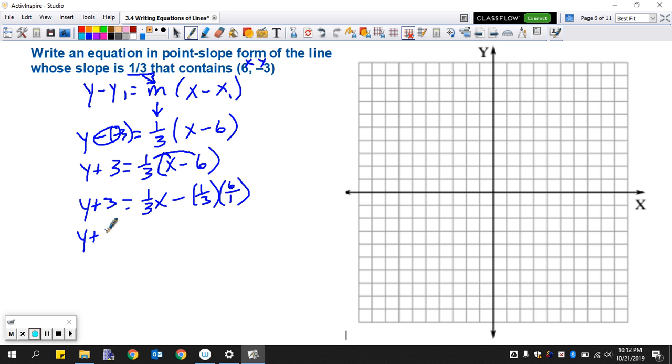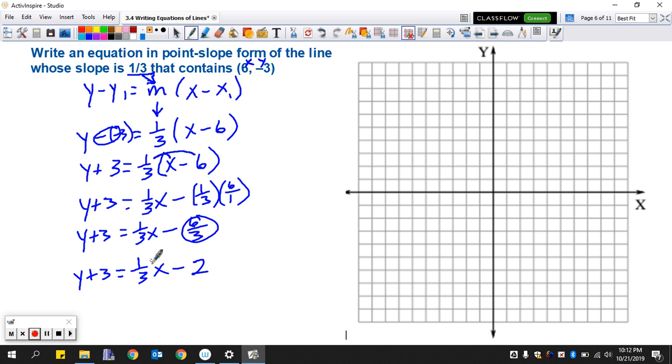So y plus 3 is equal to 1/3 x minus 6 over 3, because 1 times 6 is 6, 3 times 1 is 3. 6 over 3 simplifies down to 2. We have 1/3 x and y plus 3.